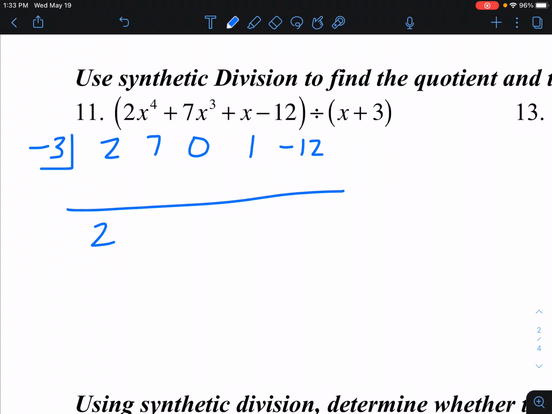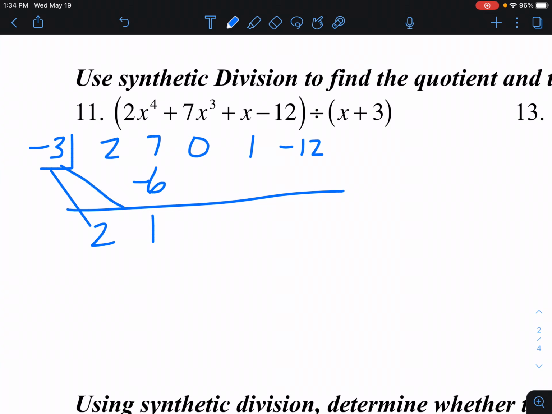And then it just turns into multiply, add, multiply, add, multiply, add, multiply, add. We multiply -3 times 2, and that'll be -6. We line it up under the next number and add them together. 7 plus -6 is 1.